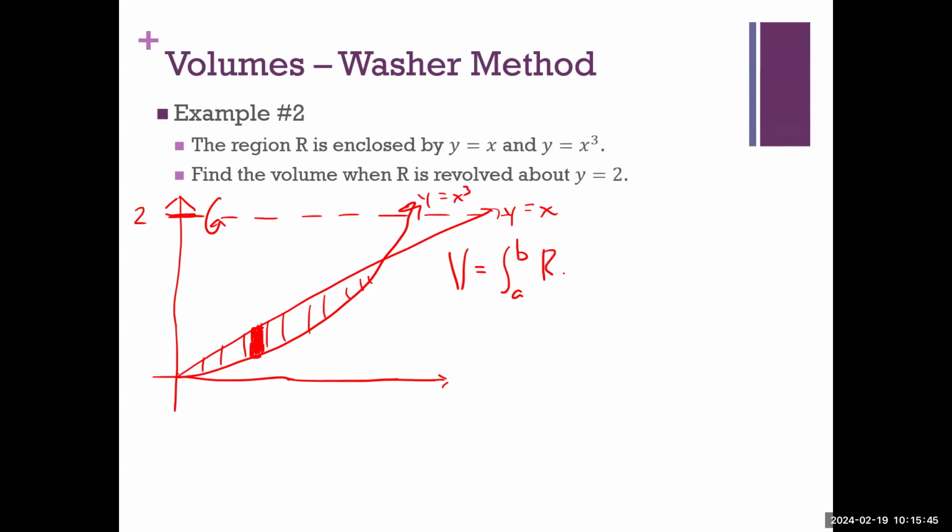So the outer radius squared minus the inner radius squared dx. So now let's talk about those things. For the outer radius, first of all, what function is going to give me my outer radius? Is it going to be the straight line or is it going to be the curve?